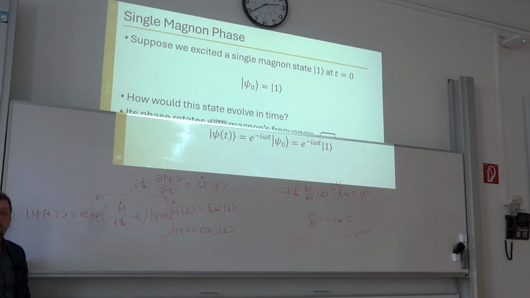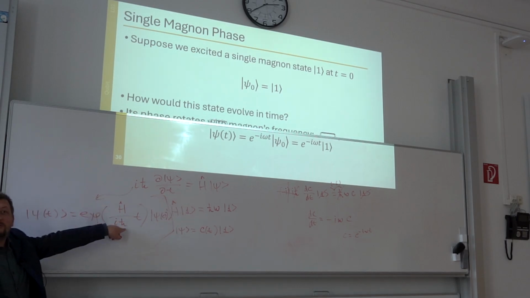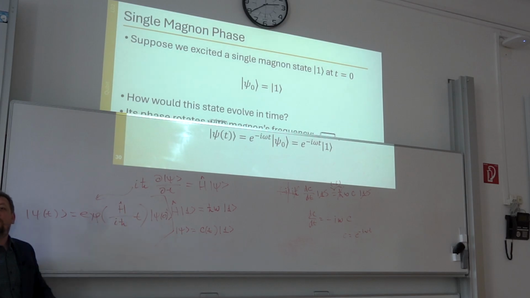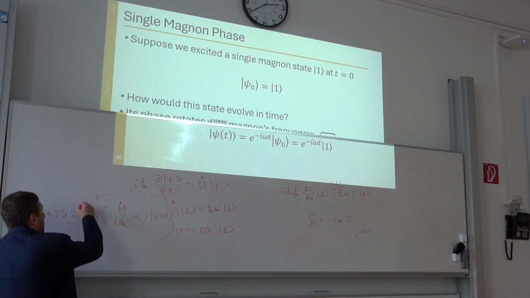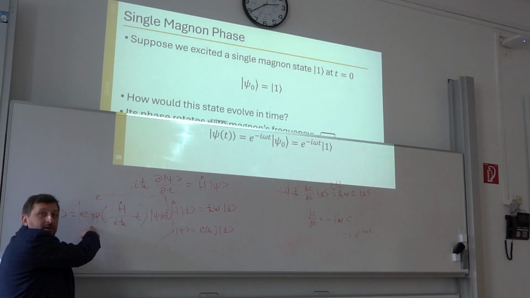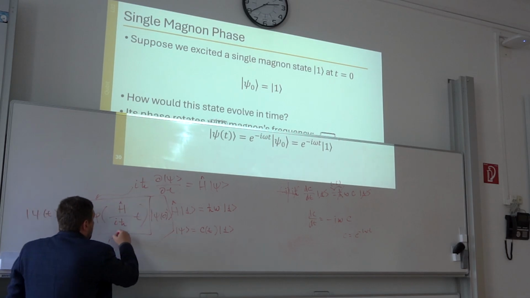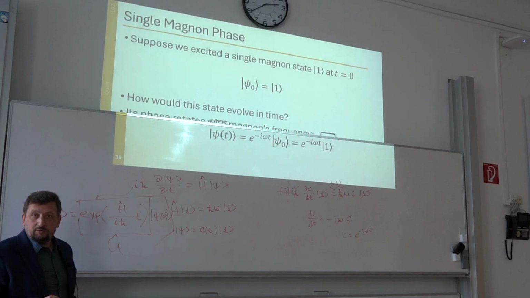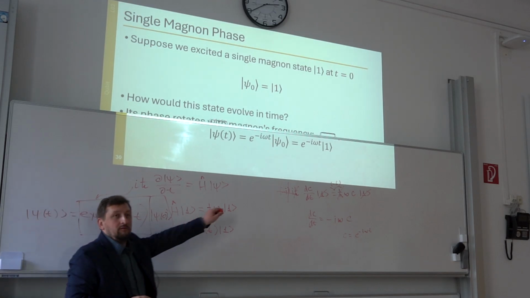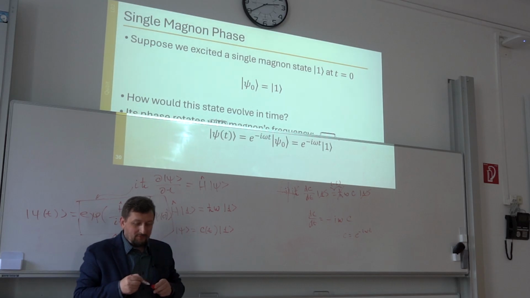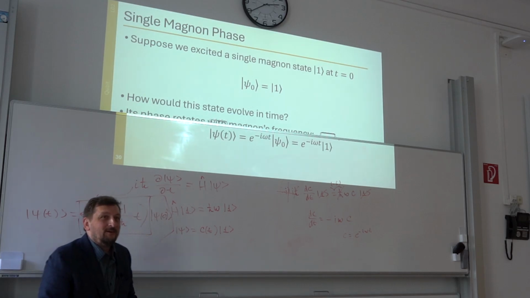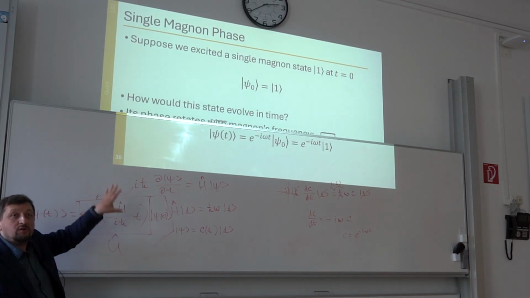This is what you would do at a higher mathematical level. Here I have an exponent of an operator, which is another operator that we call the evolution operator. I just solve it like in first class.